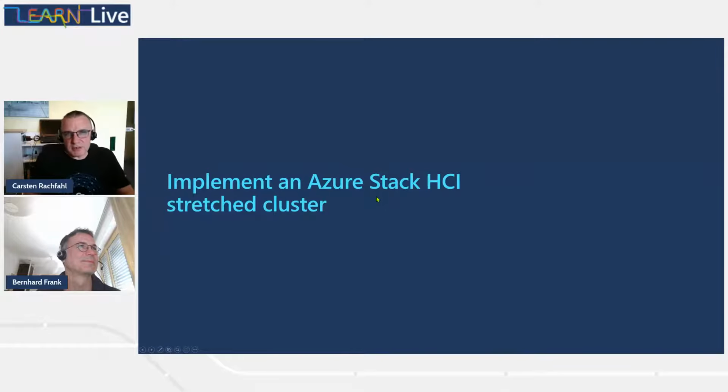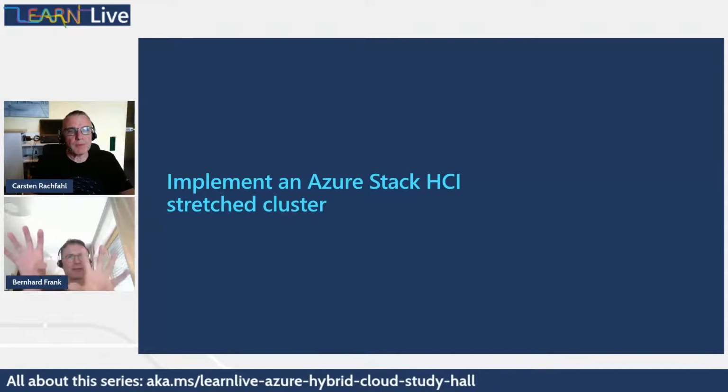So next part is implementing an Azure Stack HCI stretch cluster. And I mentioned in Germany, at least, stretching is very popular. So we have a lot of companies who have two rooms on the same campus, for example, and they want to do a part of the cluster in one room and another part in another room. Would you say stretched is really stretched then?